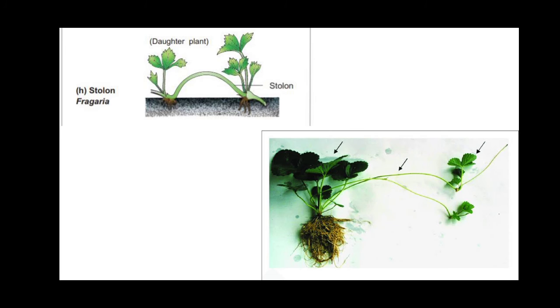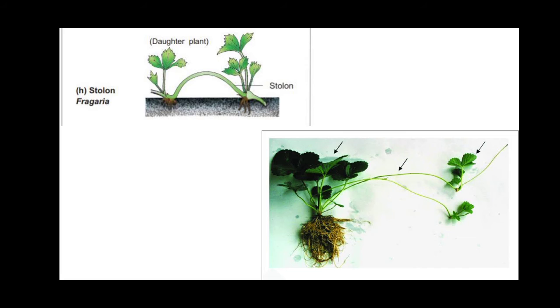Now, when we talk about its second variety, the stolon, which is mostly seen in the case of strawberries or even in the case of grasses also, we find that it produces extended horizontal runners all around in every direction, and that runner grows and grows, and then finally when it touches the soil at a certain spot, adventitious roots start coming out from that particular region.